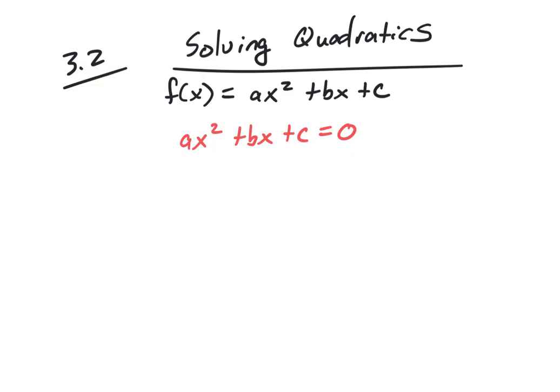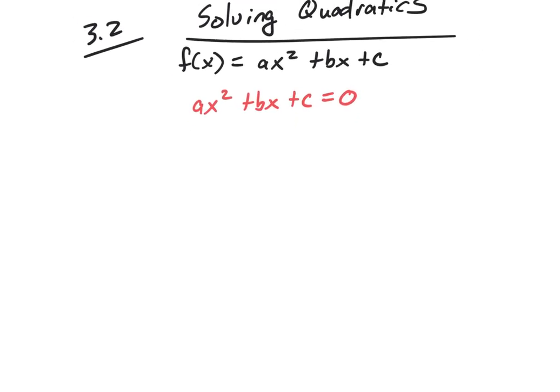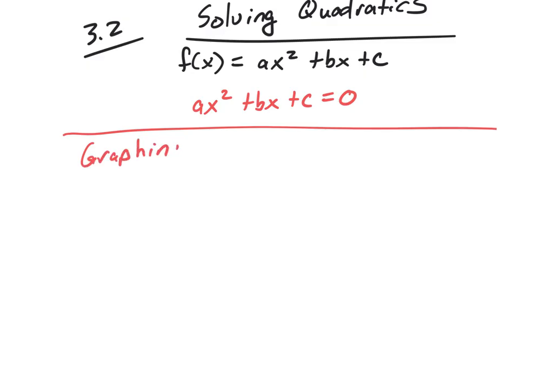So, first up, I'm going to show you the 3 different possibilities. And I'm also going to show you how we could possibly use what we call the square root method.